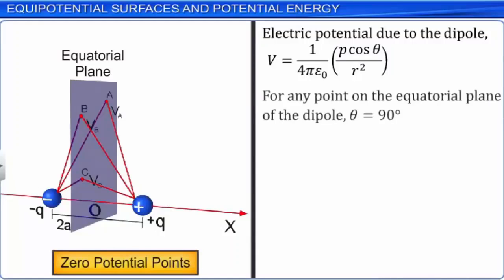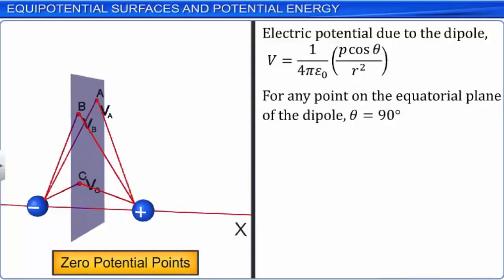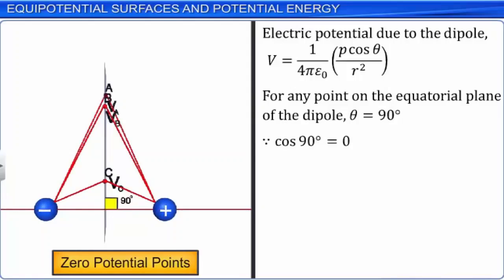Since points A, B, and C lie on the equatorial plane, theta is 90 degrees for points A, B, and C. Therefore, VA, VB, and VC are equal to 0.